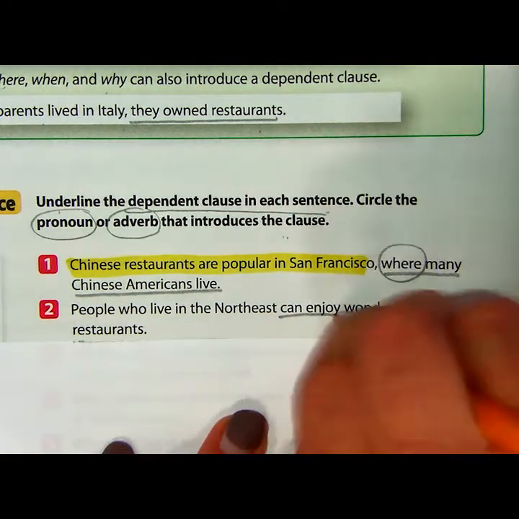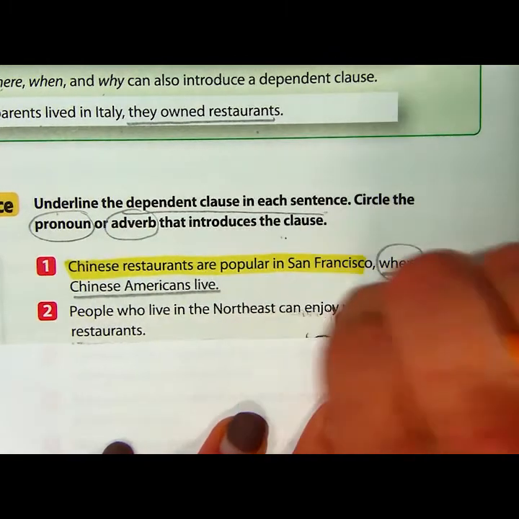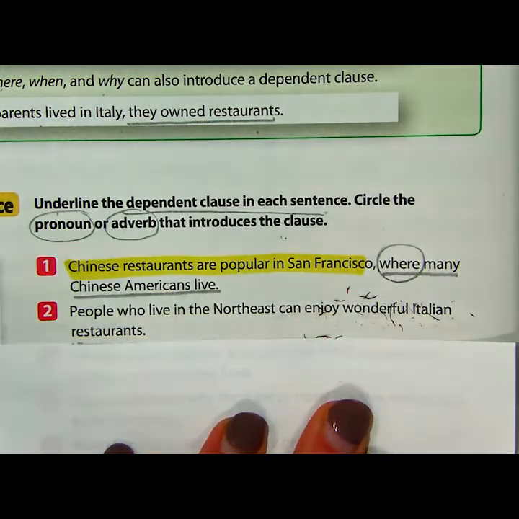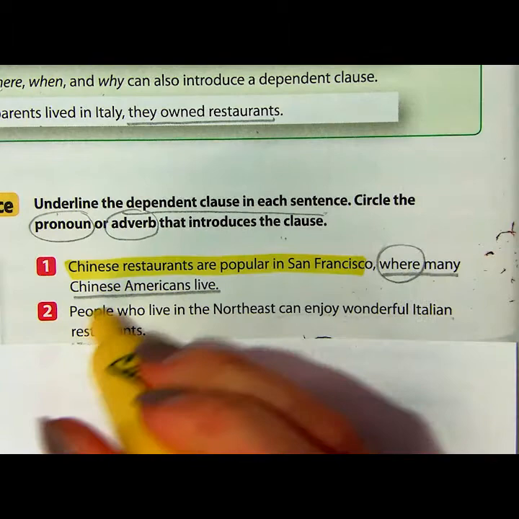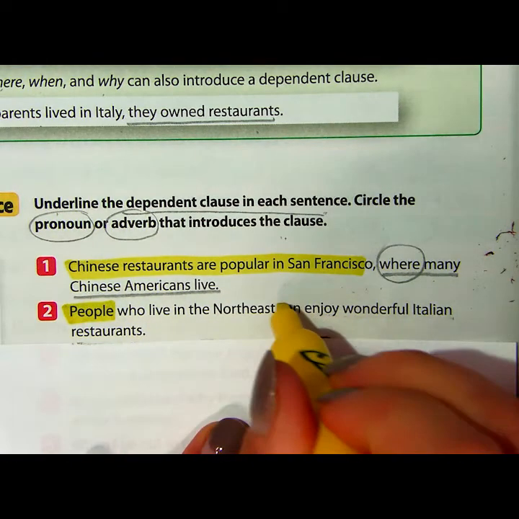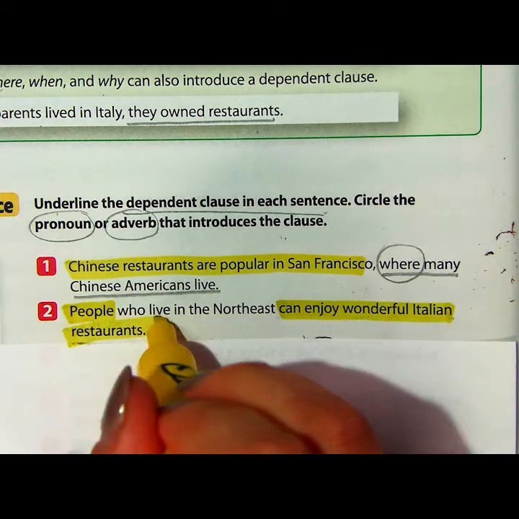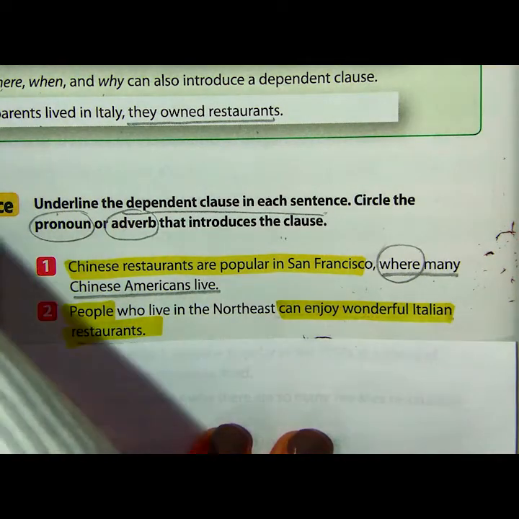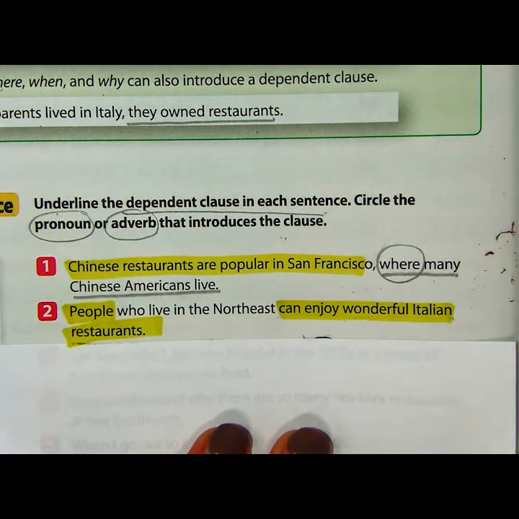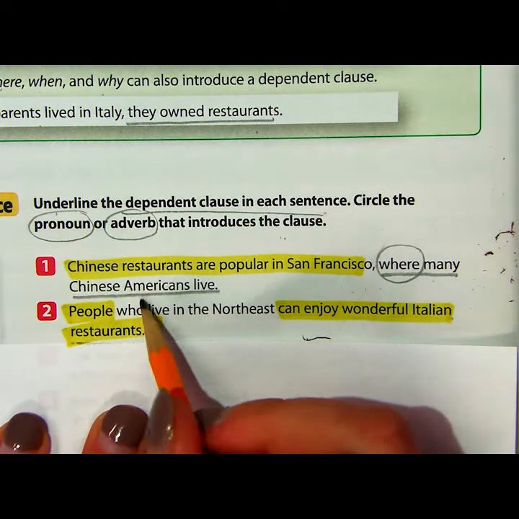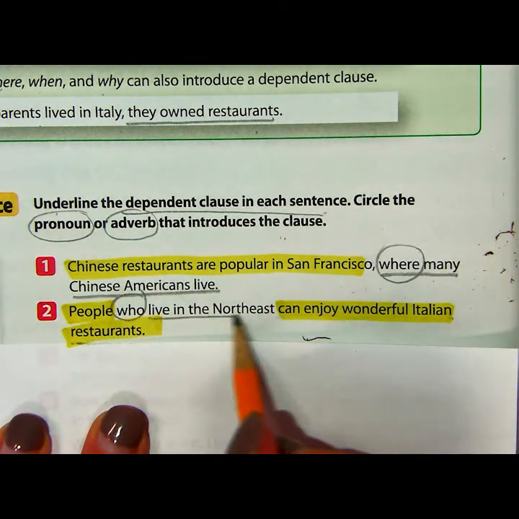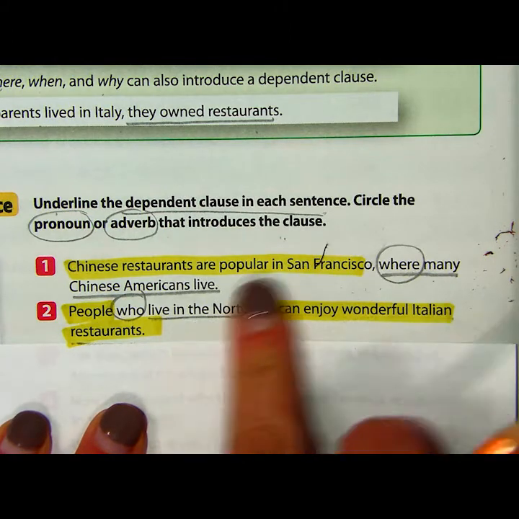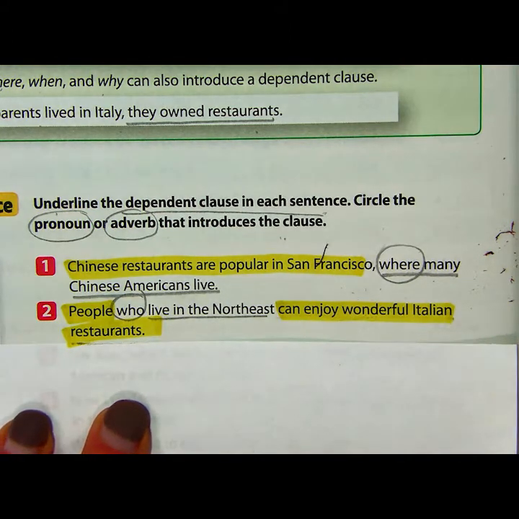I guess I shouldn't have underlined that. I should stay consistent. The sentence is all about people and how they can enjoy wonderful Italian restaurants. So we learned something else about it, didn't we? That's right. Who live in the Northeast. That's what we added to our understanding of the main clause. Let's try one more.